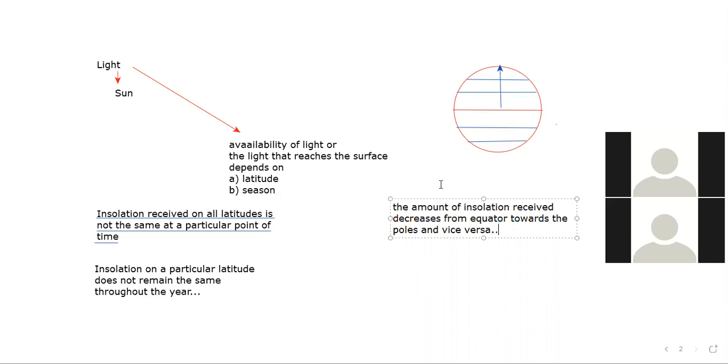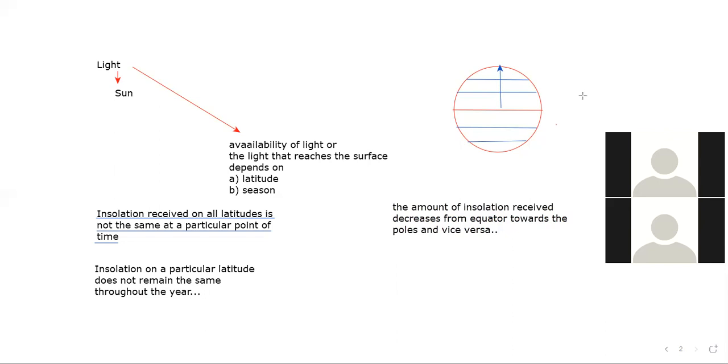What is the reason that the amount of insolation received decreases from the equator towards the poles? Let me help you understand this with a diagram.